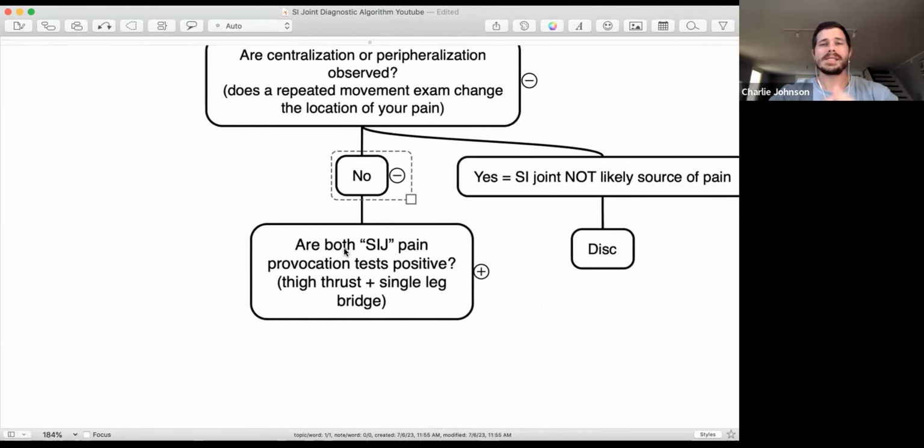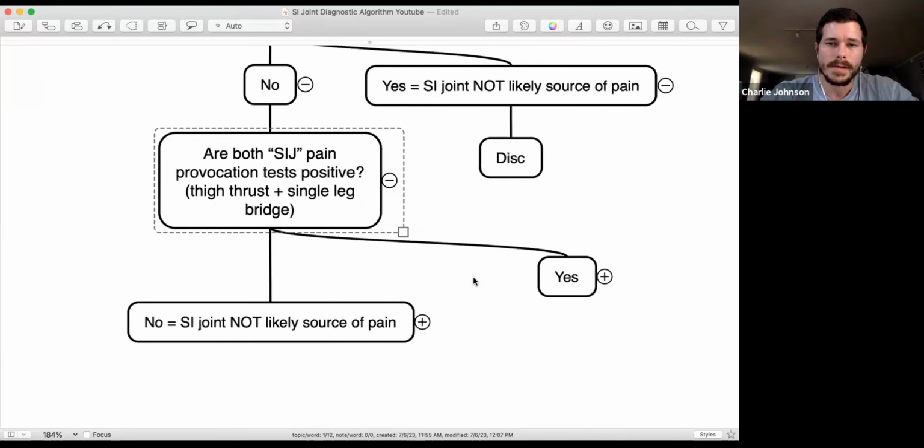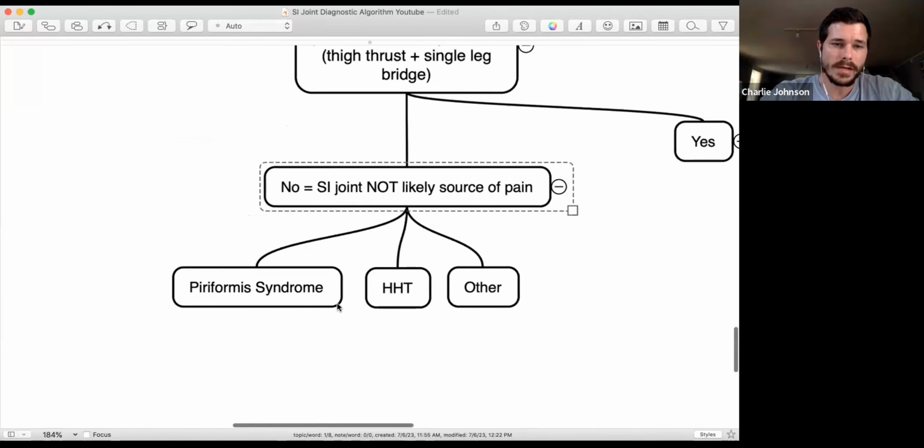Then are both SI joint pain provocation tests, the self SI joint pain provocation test of the thigh thrusts, the one where you're laying there at 90 degrees and you're pushing through, and that single leg bridge, are those positive? Do they provoke your familiar pain? If no, then the SI joint is not the likely source of your pain, and maybe you have something else.